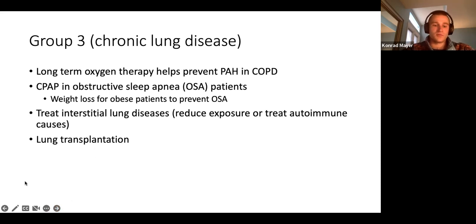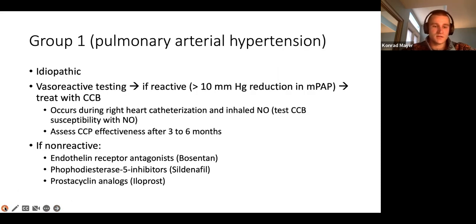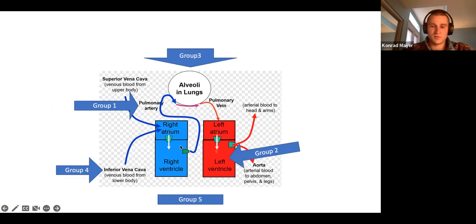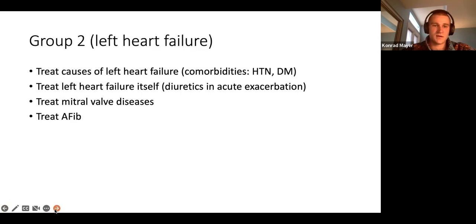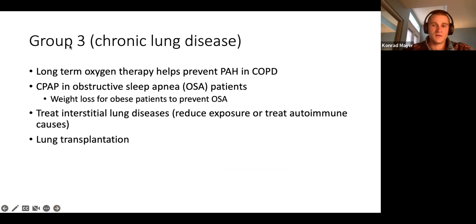So the group 3, again, going back to this picture, because it's just very important to always follow the blood and know where the issue is. Group 3, we're dealing with the lungs. The patient to think about for group 3 is a COPD patient or an obstructive sleep apnea patient.